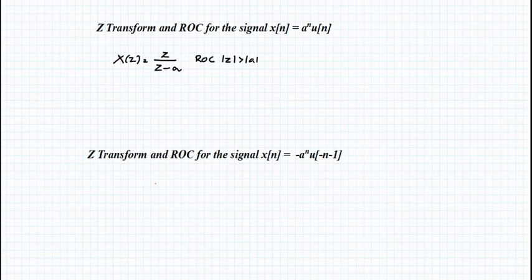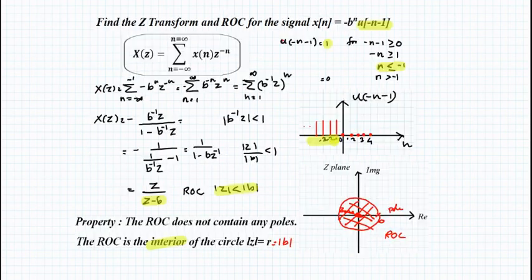In the second question, again we got the same answer, z by z minus a, and the ROC is modulus of z less than modulus of a. The only difference is that in the previous question it was b, and in this case we are writing a.